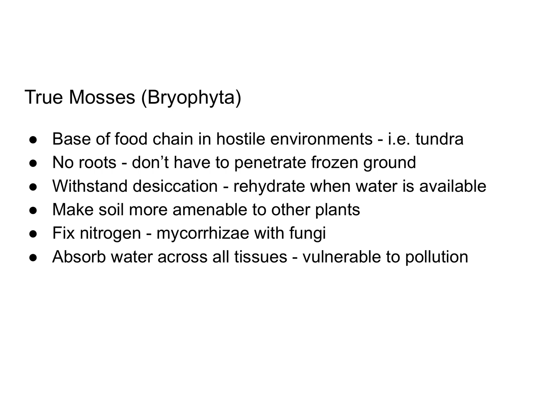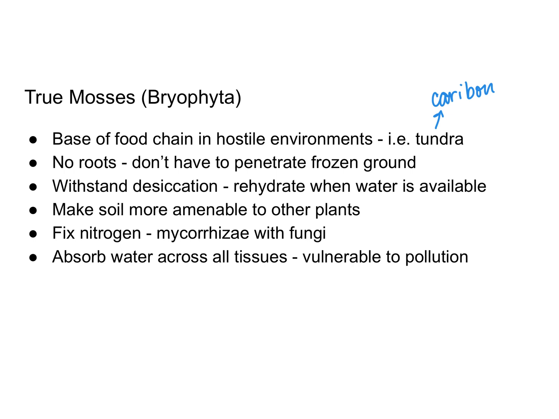We talked about phylum Bryophyta, which are also known as the true mosses, and they form the base of the food chain in hostile environments. So remember we talked about the tundra and how things like caribou eat mosses in order to get nutrients. They don't have roots.